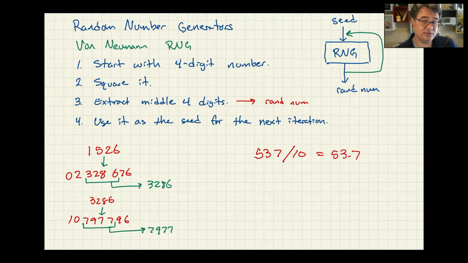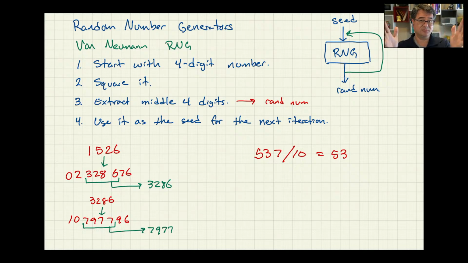But if we're a computer, we're doing this as integers. 537 is an integer, and 10 is an integer. So when you divide by 10, we don't actually get 53.7. We get 53. So if I divide an integer by 10, I essentially peel off the least significant digit. It goes away.